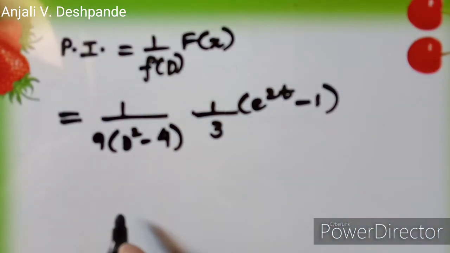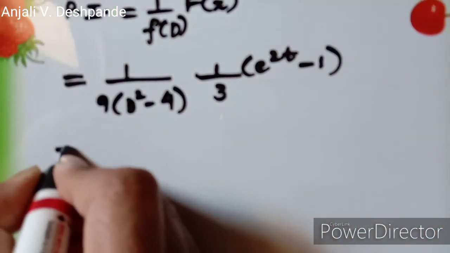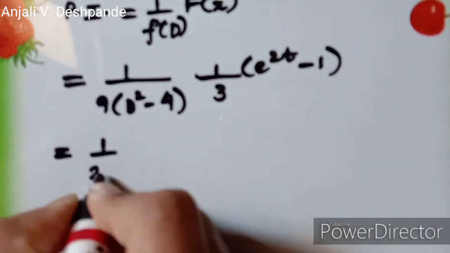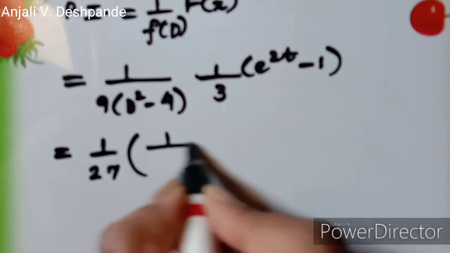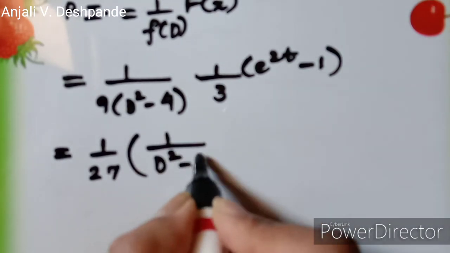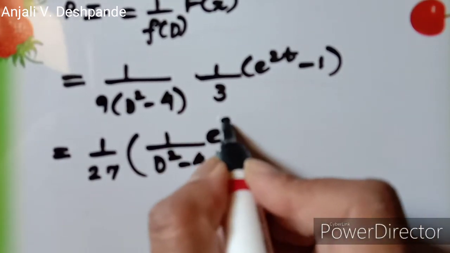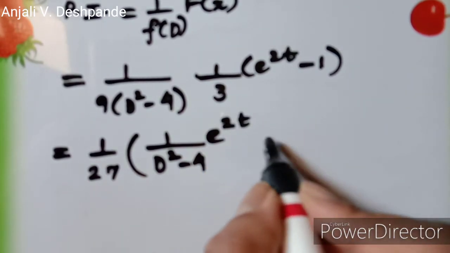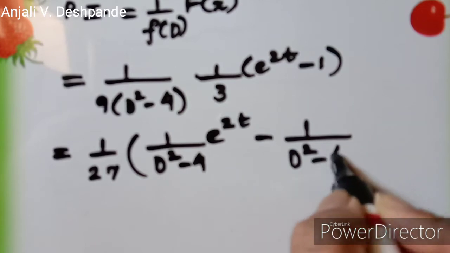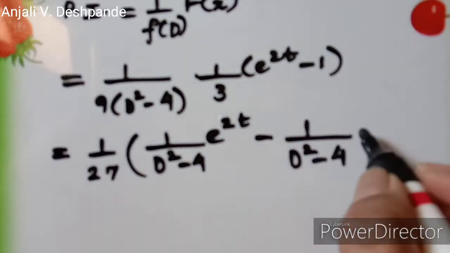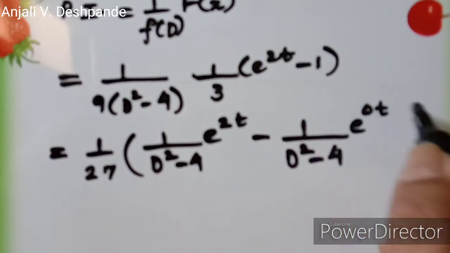This was the RHS. So we will write this as 1/27 into bracket 1 upon (D² − 4) operating on e^(2t) minus 1 upon (D² − 4) operating on 1. Now here we have 1, so this we will write as e^(0t).